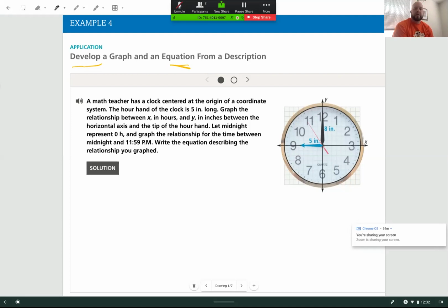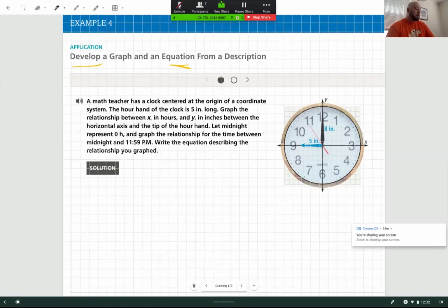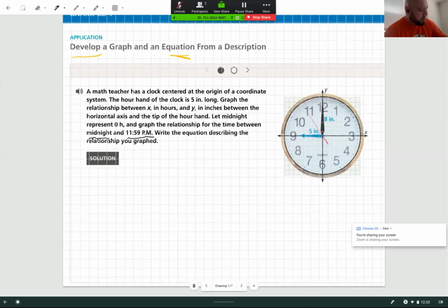So we need to think about what's happening to the hour hand if we start at midnight and we go all the way to 11:59 p.m. So I'm going to draw, let's try to draw a unit circle.